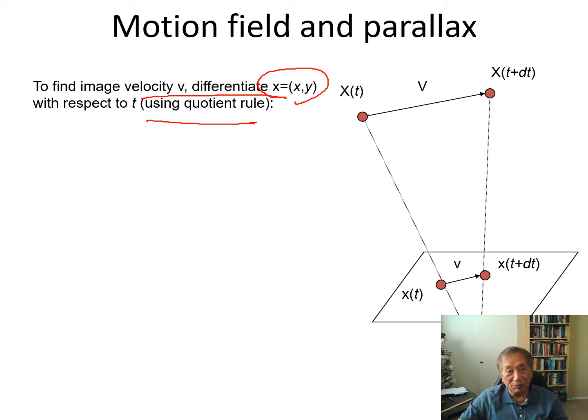So from movement here to here, and then x, t, dt. This big X is the real world, and the small x is what we see as a display. So big V, large V, is the real velocity, and small v is our perceived or apparent velocity.